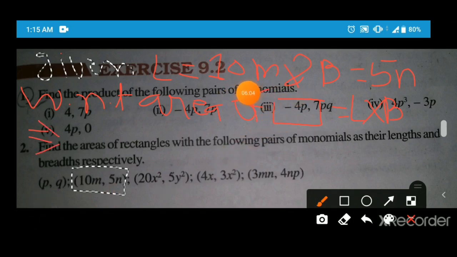Length is 10 m and breadth is 5 n. So it is 10 m into 5 n. This is equal to 10 multiplied by 5 and m multiplied by n. This is equal to 50 mn. This is our answer.